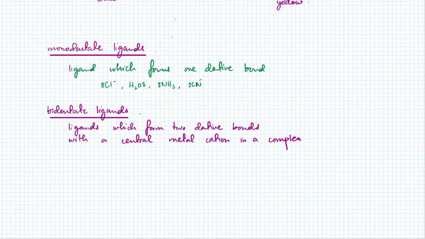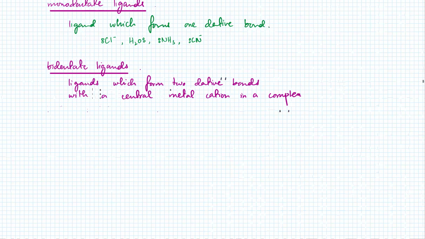Now, for this, you have to remember two specific bidentate ligands, and I'm going to show you how they form two dative bonds. One of them is a diamine, ethyl diamine. It's CH2 CH2, and it's got NH2 on both sides. So it's got two lone pairs, and that's ethyl diamine or ethane diamine.